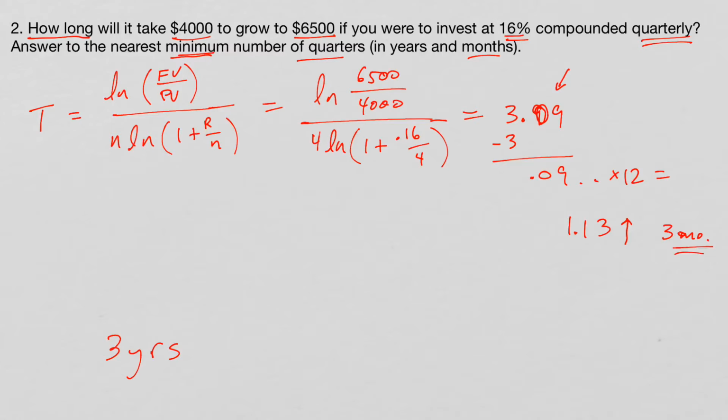Now that was kind of confusing, but to the nearest quarter this is going to be 3 years and 3 months, because quarters happen at 3 months, 6 months, 9 months, and 12 months, and this means that I have to round up to the next nearest quarter, which is 3 months, regardless of how small the fractional part is.